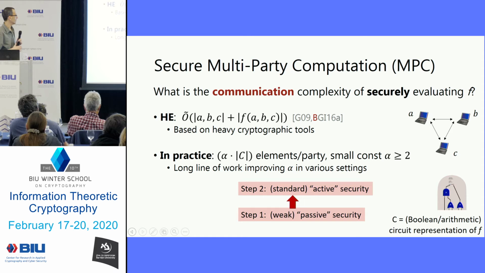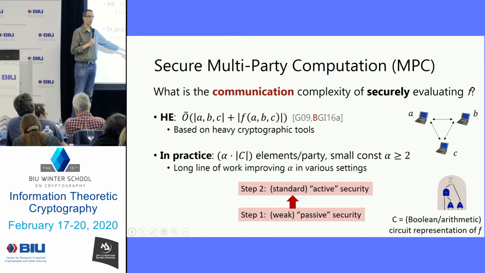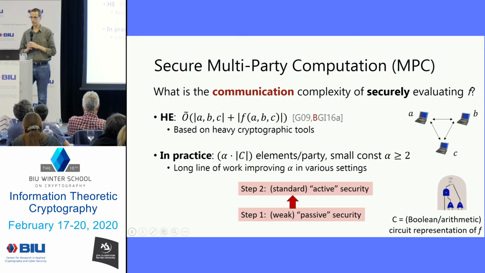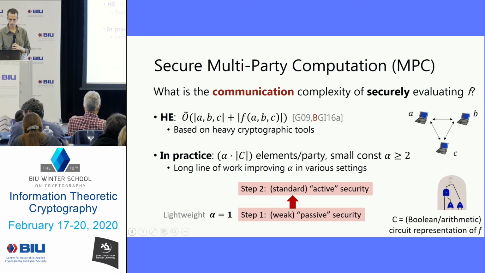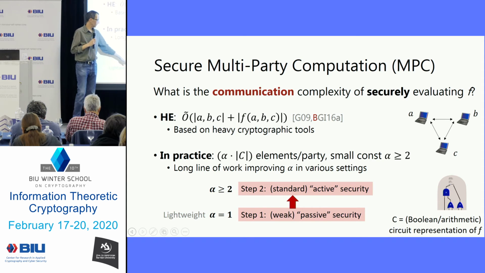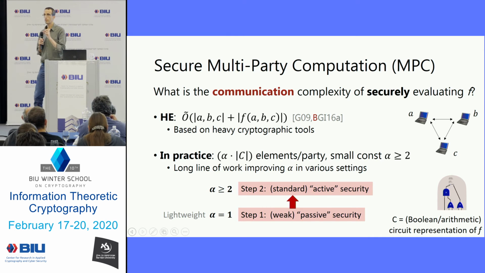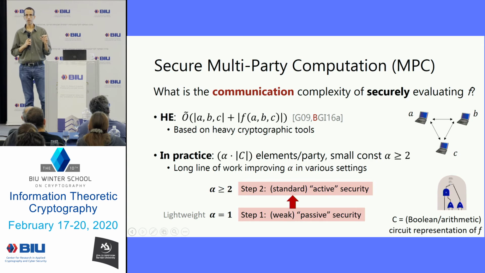Thank you. Okay, so we're going to compile now a protocol from a weak or passive or semi-honest adversary to a strong or active adversary. Prior to our work, these kinds of protocols were known with communication complexity of one field element per gate per party.